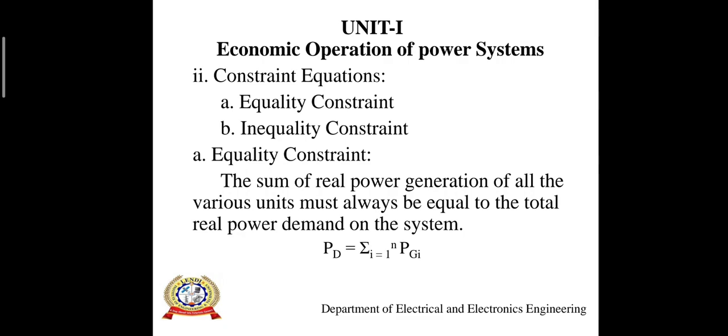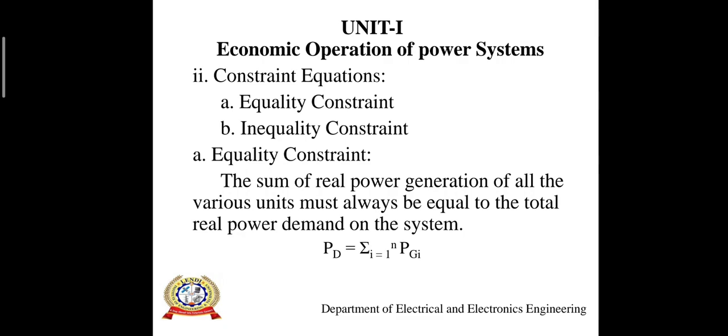Here we have two types of constraints: equality constraint and inequality constraint. First, what is the equality constraint? The sum of real power generation of all the various units must always be equal to the total real power demand on the system.